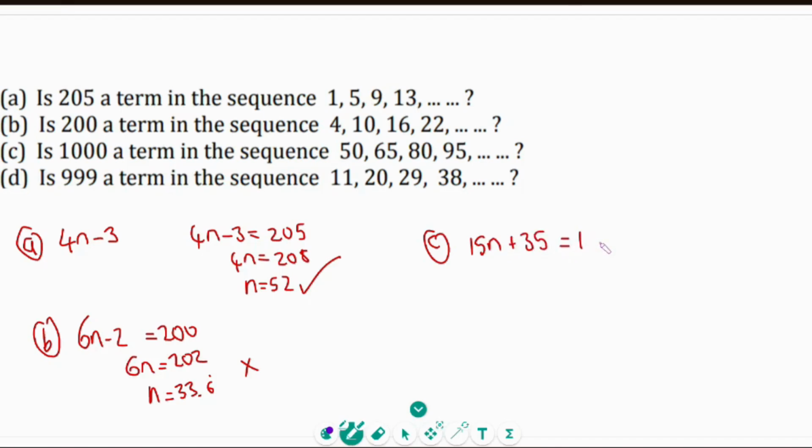Okay. Subtract 35 from both sides. Divide both sides by 15. Again, not in the sequence. Now, last one.